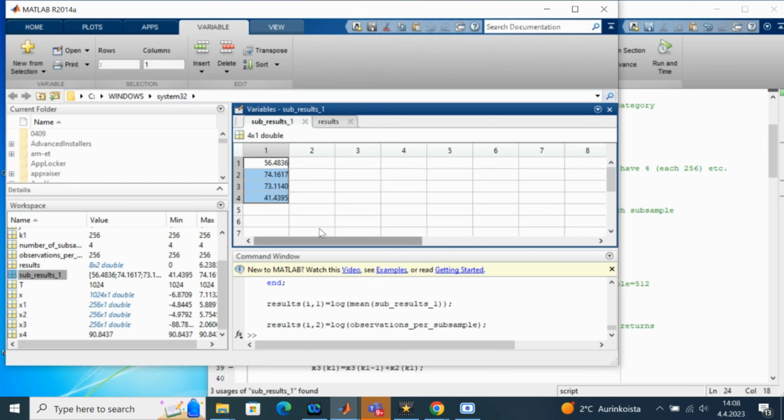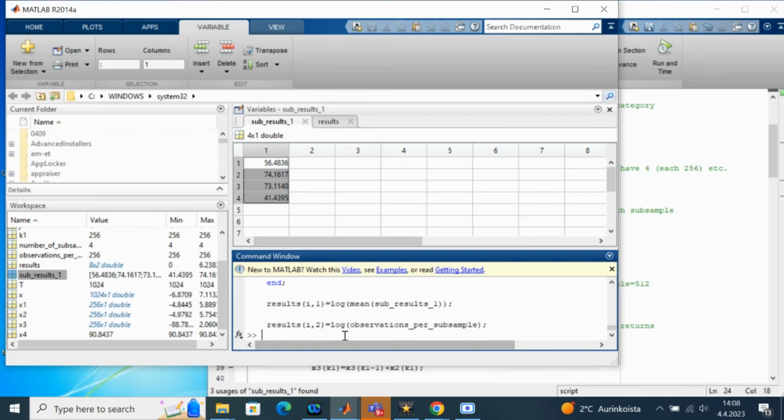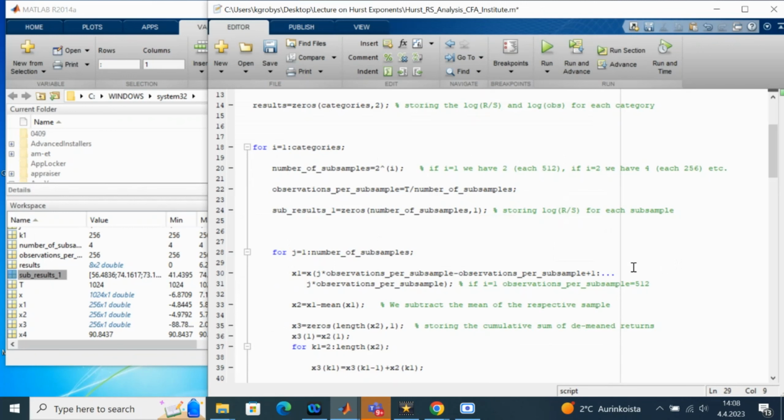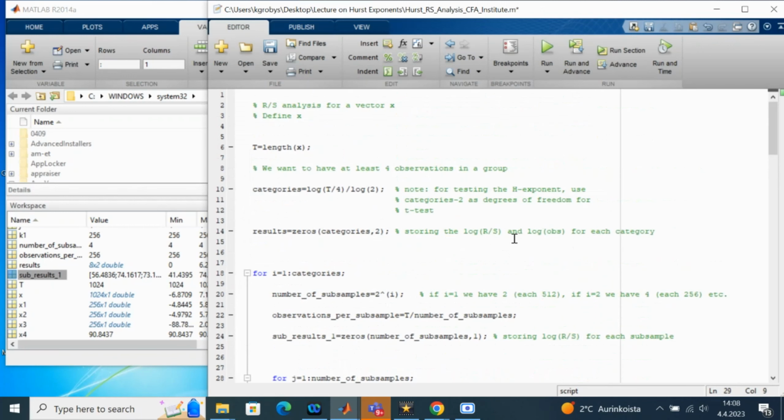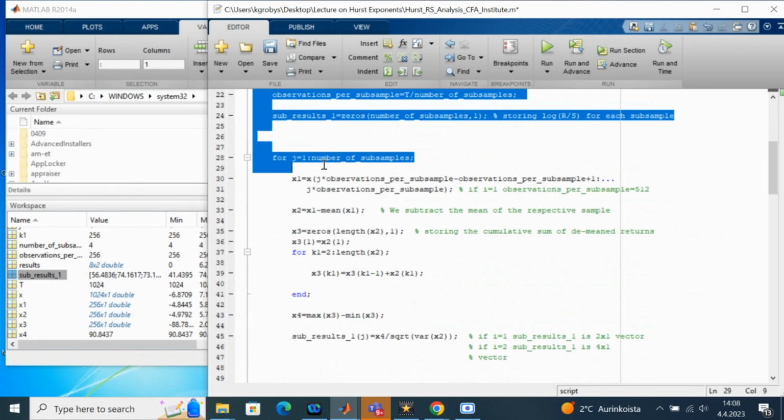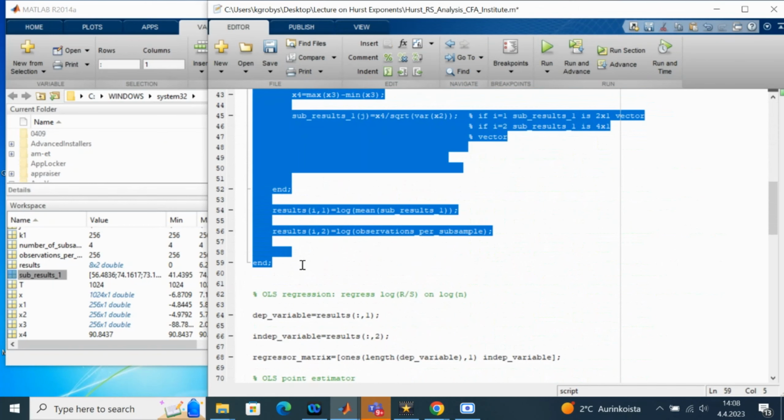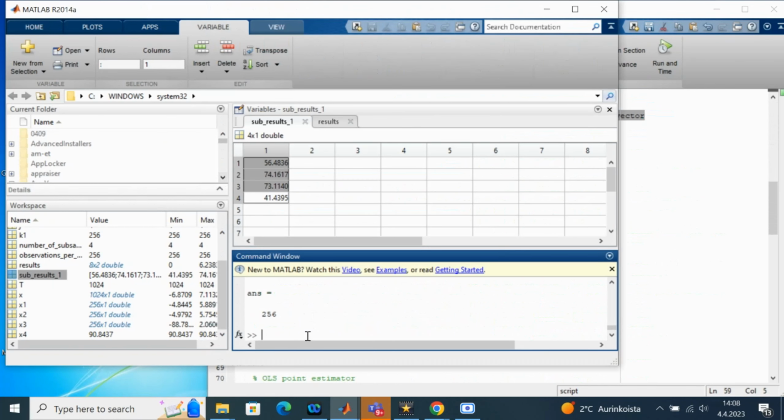In the last iteration, this is a 256 by 1 vector, because in the last iteration we have 2 to the power of 8, 256 subclusters. So let's copy the whole code into Matlab.